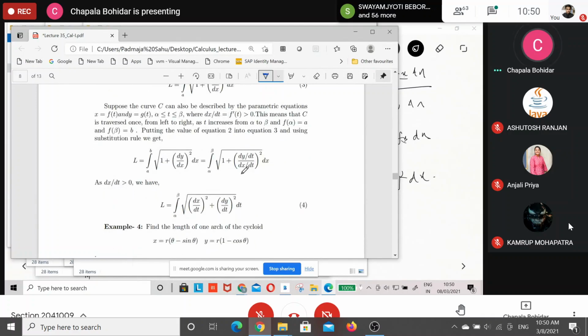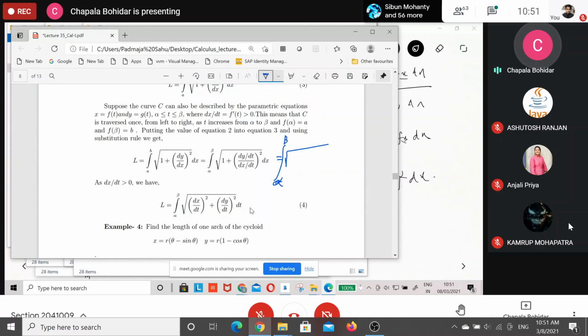Taking the denominator (dx by dt) square, it is (dx by dt) square plus (dy by dt) square. By removing that root, we get dx by dt. So dx cancels out and we only get dt. Clear or not?